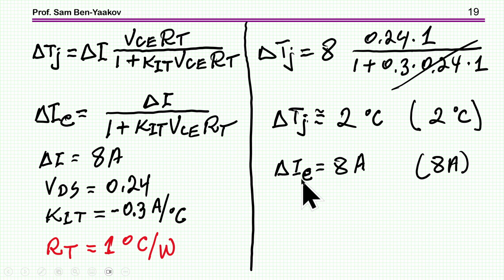And again, the current, the delta I, like after the summation, but there is nothing to subtract because this value is very small. So it's 8 amp. So in this particular case, because the loop gain is very small, it's 0.3, 0.24 times 1, it's much smaller than 1. The negative feedback does not make any difference.